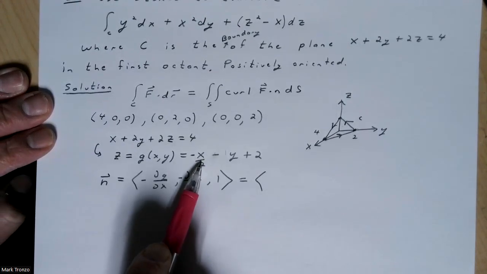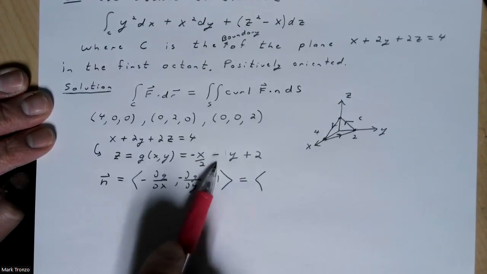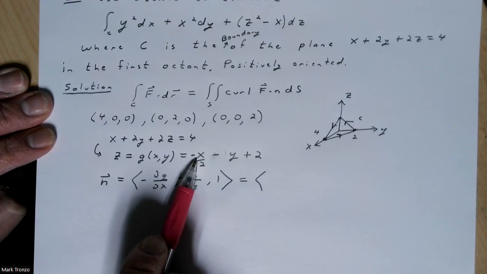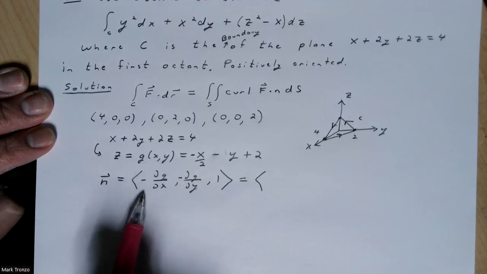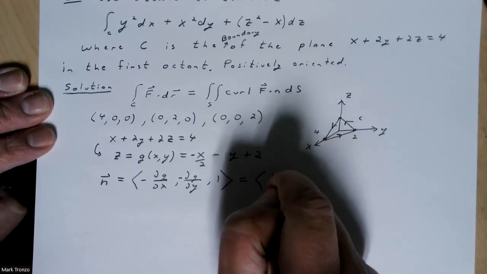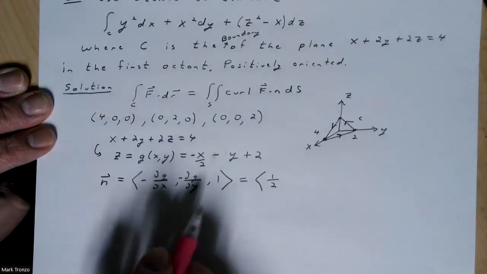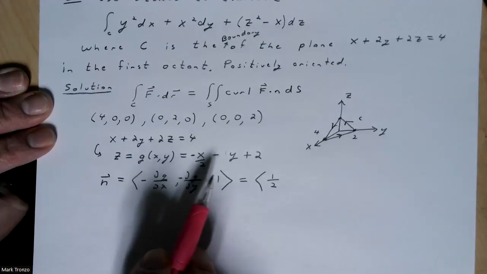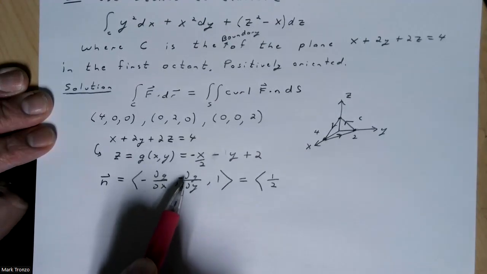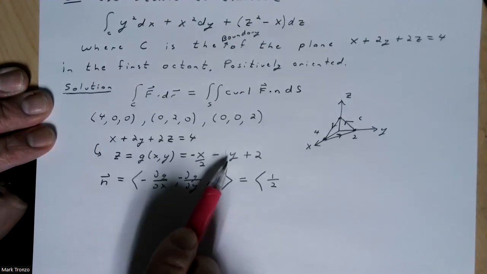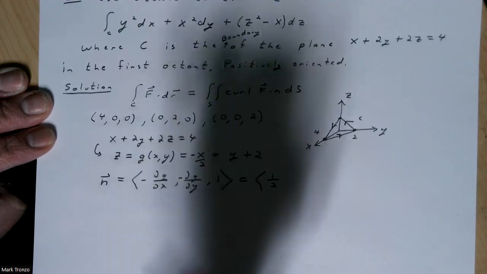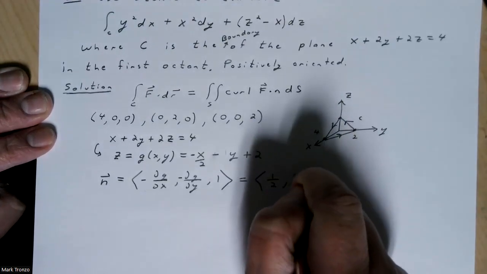So if we take the derivative here with respect to x of this, that'll give us negative a half, but that'll be negated by this negative, so that'll be 1/2. And over here, take the derivative with respect to y. That'll be dg/dy. That'll be -1, but that'll be minus a minus, give us a positive 1.